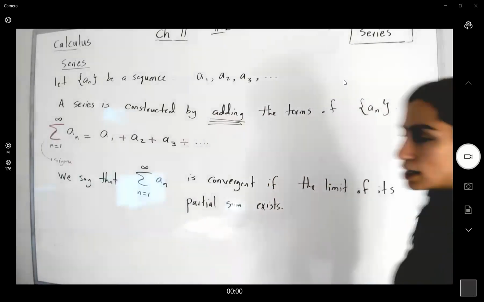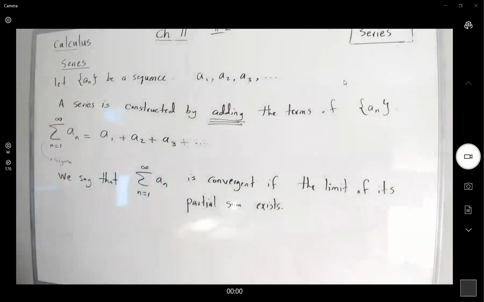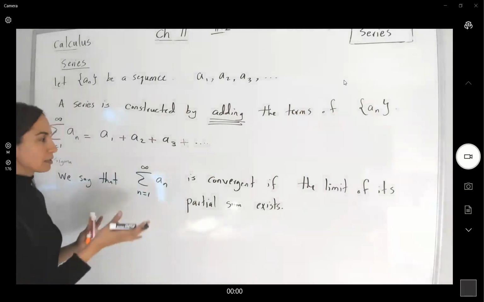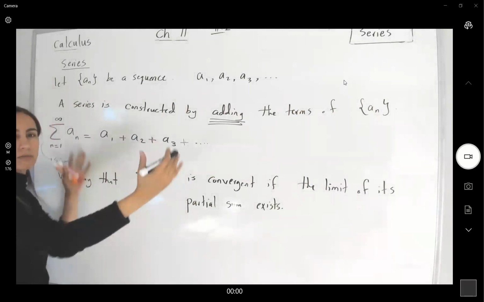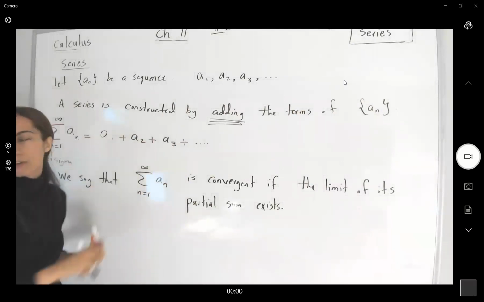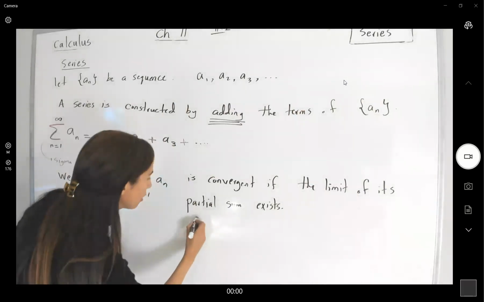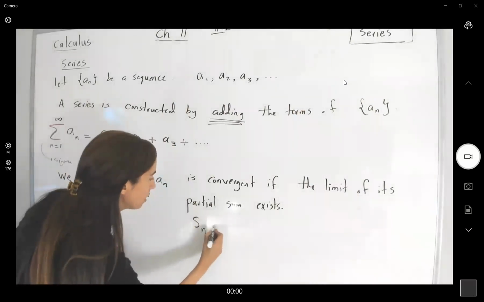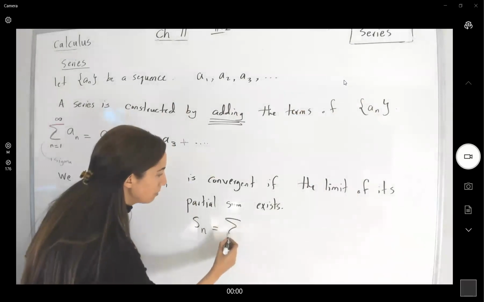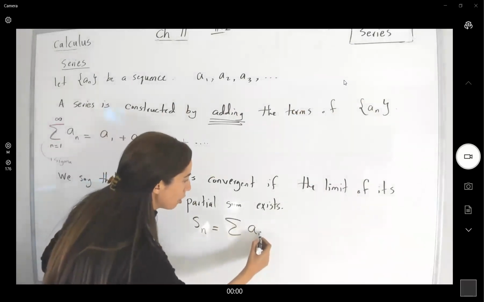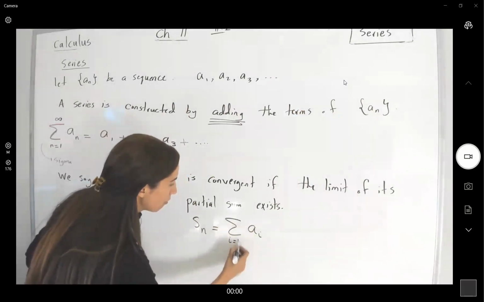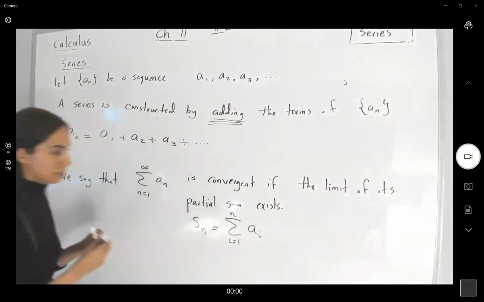We take just a partial sum of this series, just some part of it. This partial sum is defined as S of n, which is equal to the sum of a sub i, i starts from 1 to n.